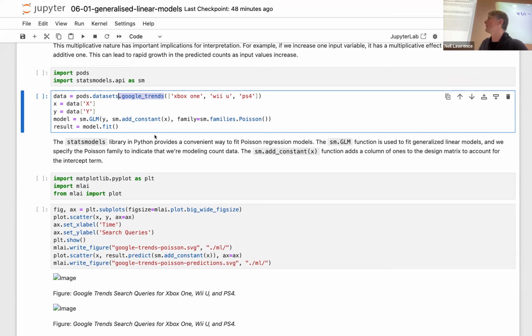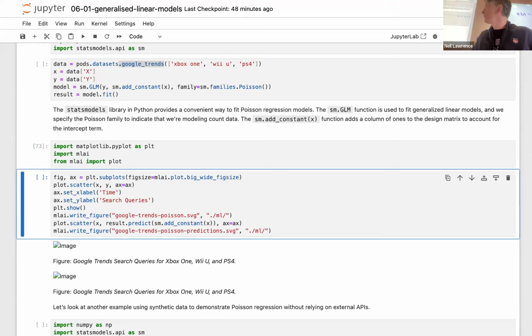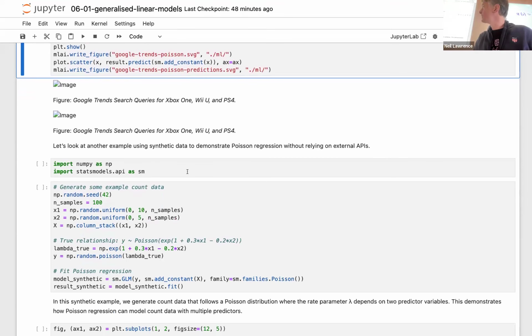It's a nightmare to have to rechange everything. So Google Trends is one of the things I'm afraid we've lost. I used to have these examples where you download data from Google Trends and then try to fit the data with those. But now we're just going to do a simulation example.